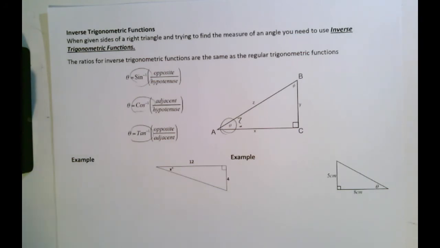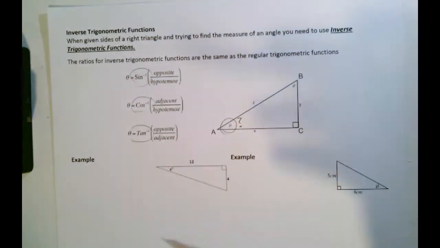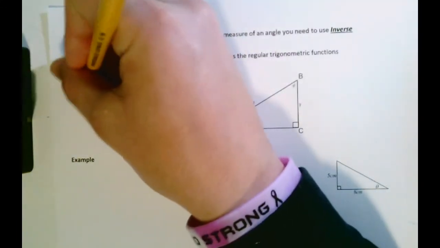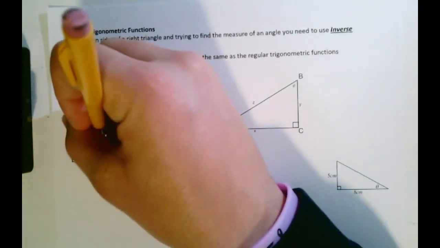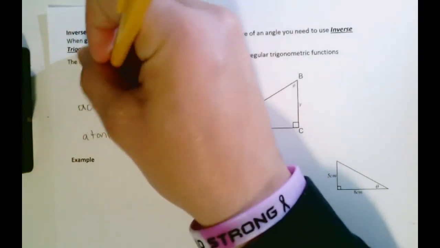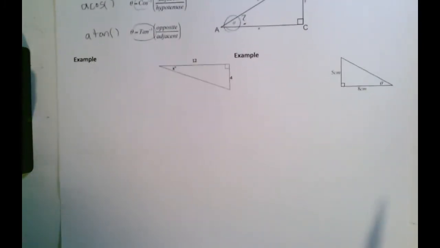Let's look at 2 examples of this and use inverse trig to solve. Remember, I'll show you where inverse trig looks on the calculator, but again, you can use Web 2.0. It'll be on there as well as sine to the -1, cosine -1, tangent -1. You might even see this as arcsine, arccosine, arctangent if you use Web 2.0. Just pay attention to that. It means the same thing.